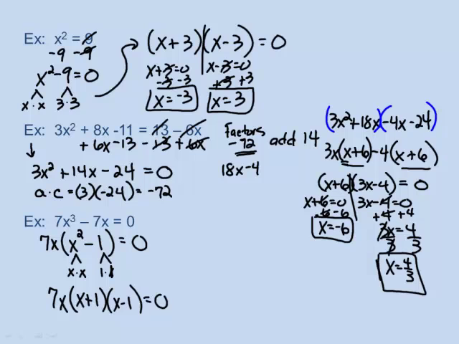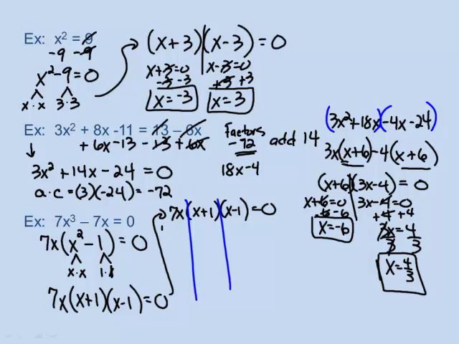Now we have three factors, so we're going to have to set all three of those factors equal to 0. I'm just going to rewrite them here. 7x times x plus 1 times x minus 1 equals 0. Set each factor equal to 0. 7x equals 0 will give us a solution. X plus 1 equals 0 will give us a solution.